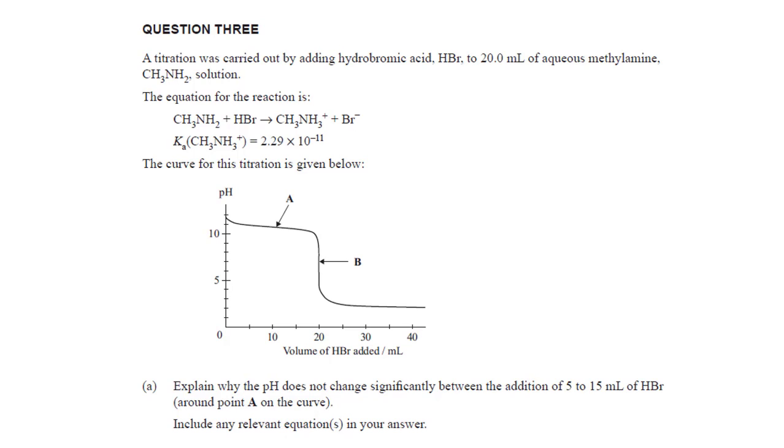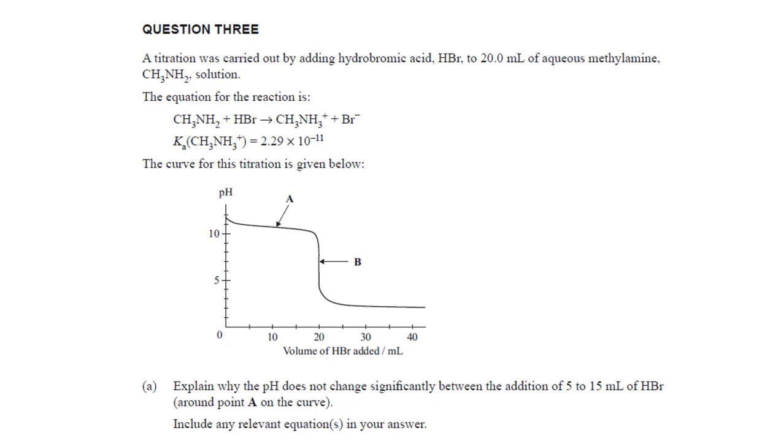Then it gives us an equation for the reaction and a Ka value, and a look at the titration curve for the titration, labelling points A, which is a buffer zone, and B, which is the equivalence point of the titration. So they're labelled on the graph, and you can see that CH3NH3+ is the acid there, so that's going to be the conjugate acid of methylamine.